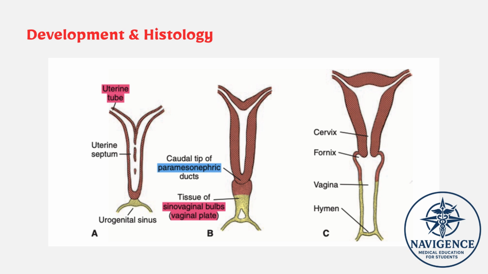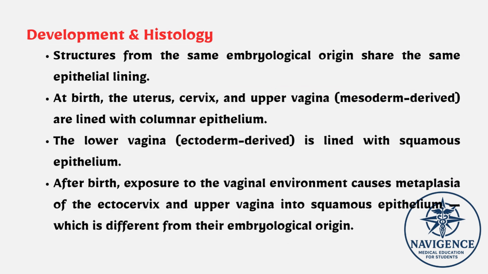The paramesonephric ducts also contribute to the upper one-third of the vagina, which is mesodermal in origin. The lower two-thirds of the vagina arise from the urogenital sinus, which is ectodermal in origin. Now let's see the histology connection. Structures from the same embryological origin share the same epithelial lining.